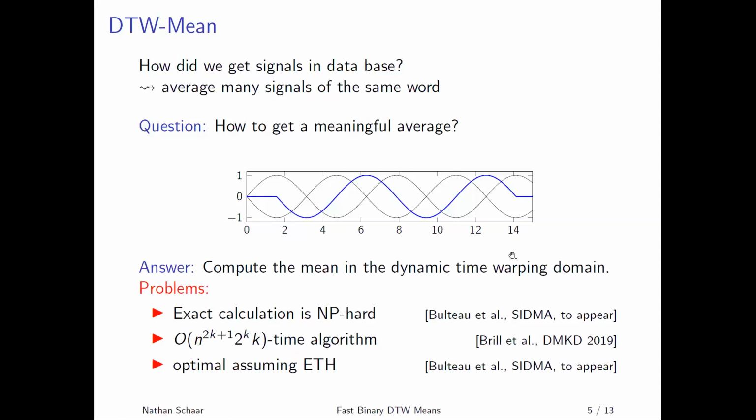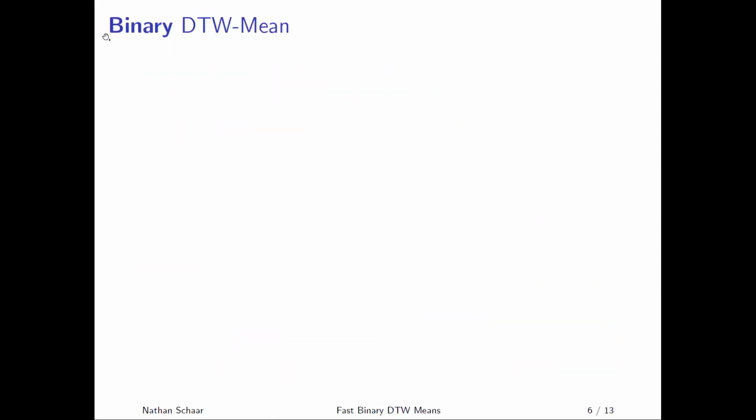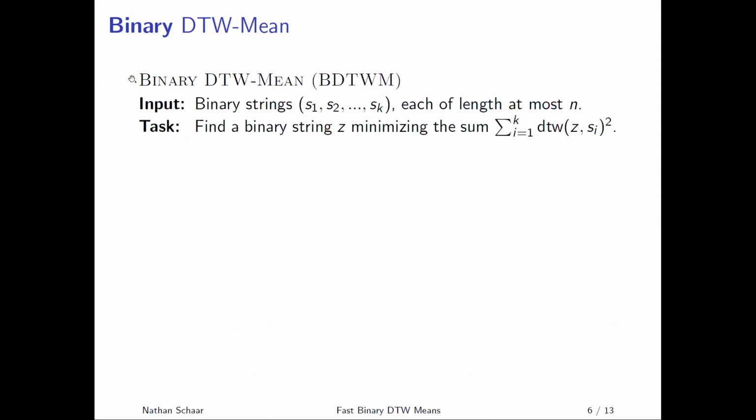So instead of focusing on this very hard problem today, we focus on an easier version, namely the binary dynamic time warping mean. Here we restrict our input signals and our output signals to be only binary. So we have k binary strings of length at most n, and we want to find a string z that minimizes the dynamic time warping distance to each of the input strings.